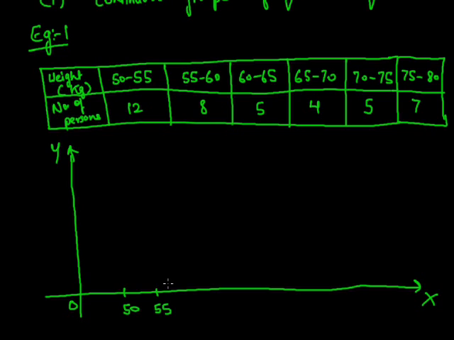We'll take the class size accordingly, like 50, 55, 55 to 60, in the same way as it is given. But as you can see, 50 to 55 is a difference of 5. Initially, as you know, the x-axis and y-axis intersect at the point which is taken as 0. And between 0 and 50 there is a lot of difference, a difference of 50 points. So we will not take that much difference on the axis.